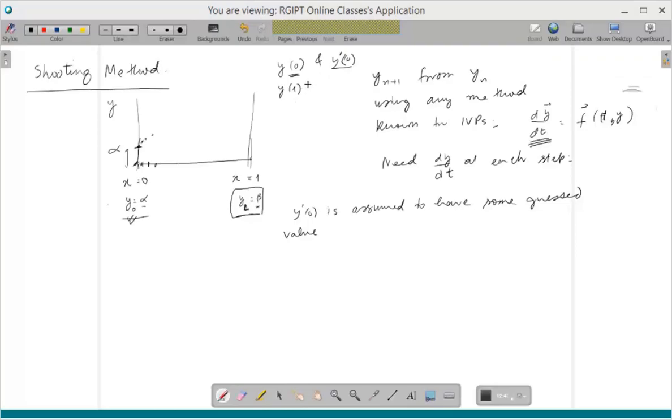Let's say y prime 0 we have given some guess value. Now I can solve for y1.